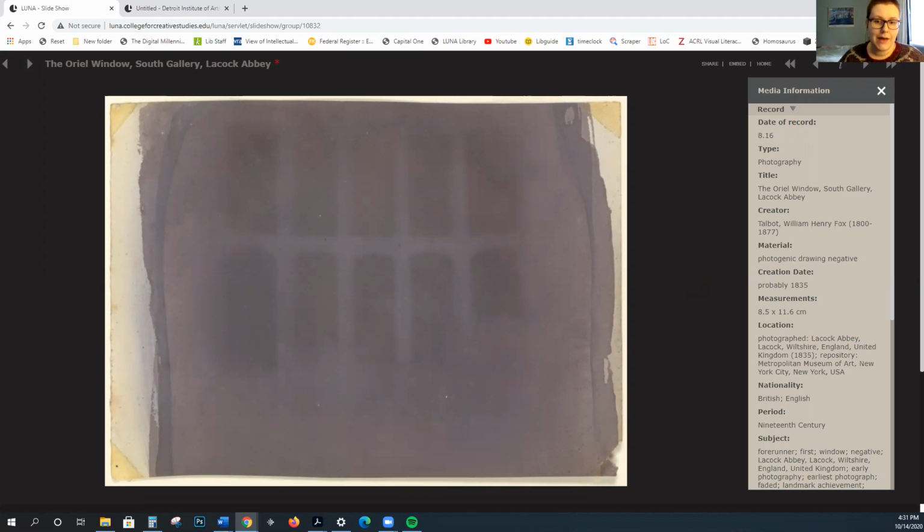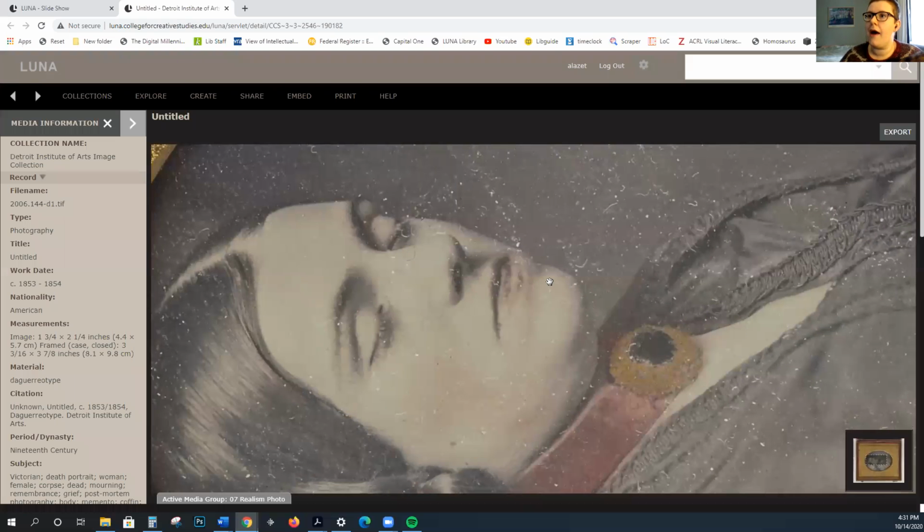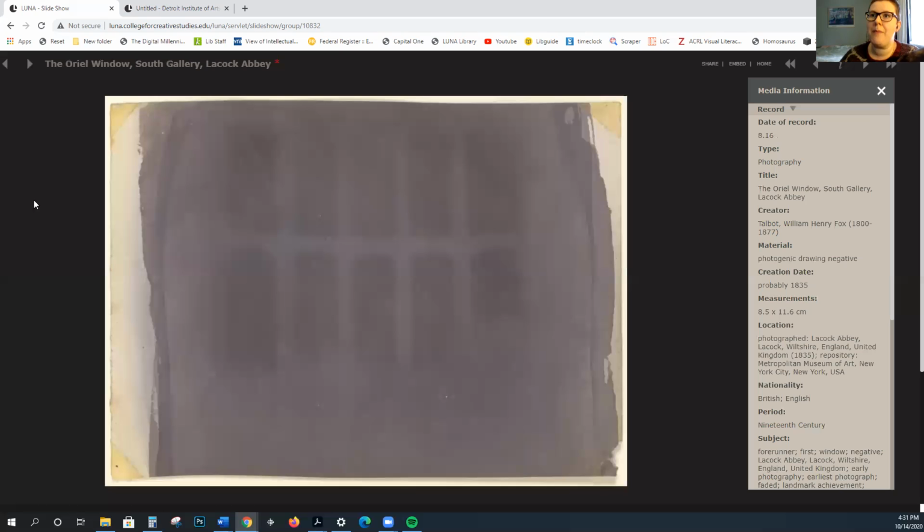So it's a negative-positive paper process. You prepare paper with a solution of silver nitrate and potassium iodide, expose it, and then fix it with more chemicals. So the daguerreotype is photography, but it's really the calotype that is the basis of modern photography until the digital age, because this is not a unique image, it is reproducible.